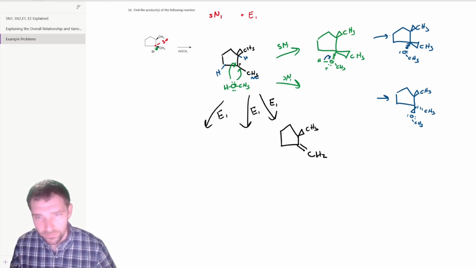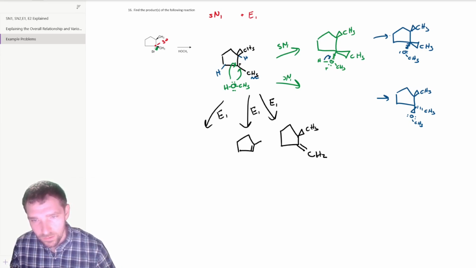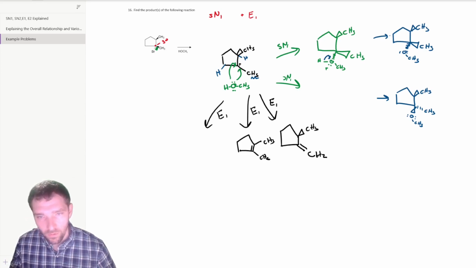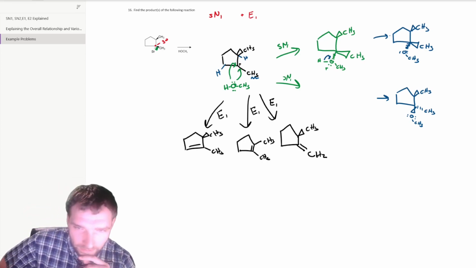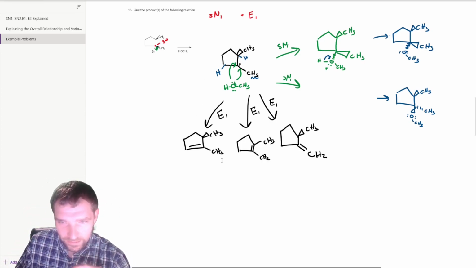So you might have something where the double bond ends up forming between the 2 methyl groups, or you might have it form off to the side there. So we can end up having something like this. But this should be in a plane.